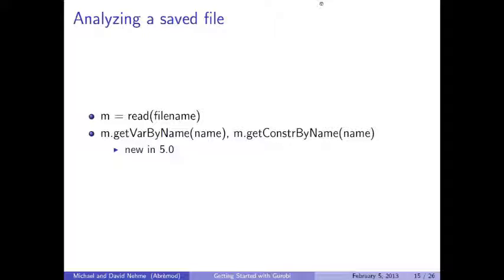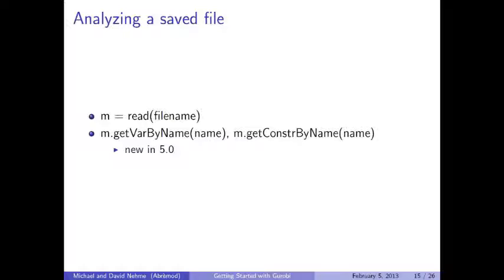Let's talk about how we would read a model back in from a file and analyze that model. Gurobi provides you a global method called read, which takes in a file name as a parameter, and it returns a model object. So it reads in that file and returns you a model object, which we're going to call M here, corresponding to the model in that file.